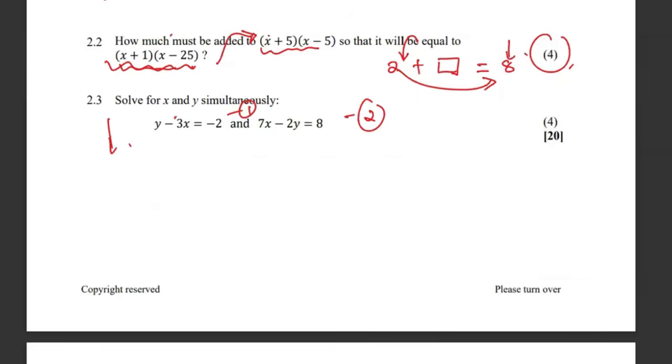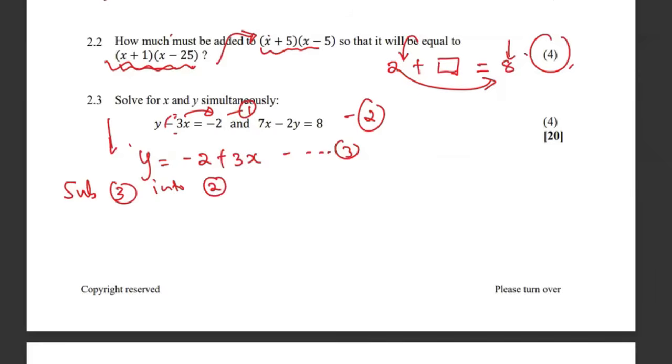And then I can use equation 1 and take this 3x to that other side, meaning that y is going to be negative 2 plus 3x. I'll call this equation 3, and then substitute equation 3 into equation number 2. So where I see y, I'll replace all of that. So it's 7x minus 2 into negative 2 plus 3x is equal to 8.